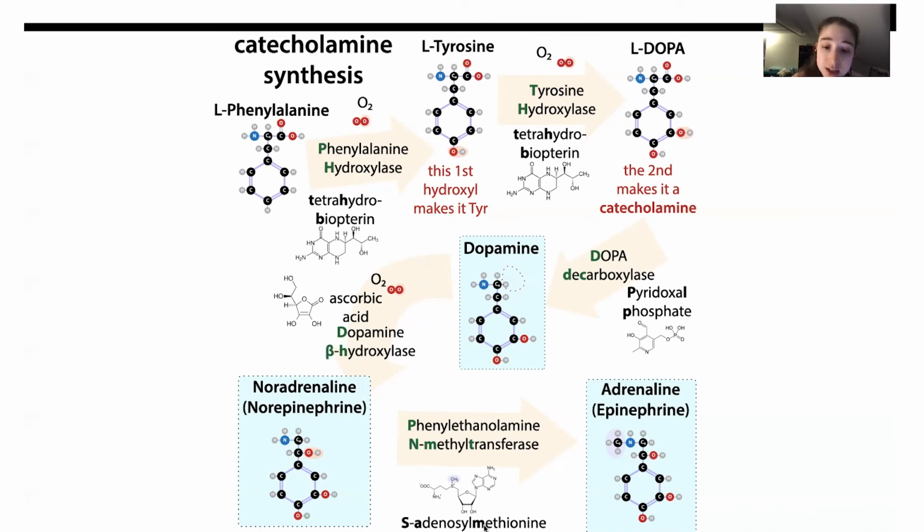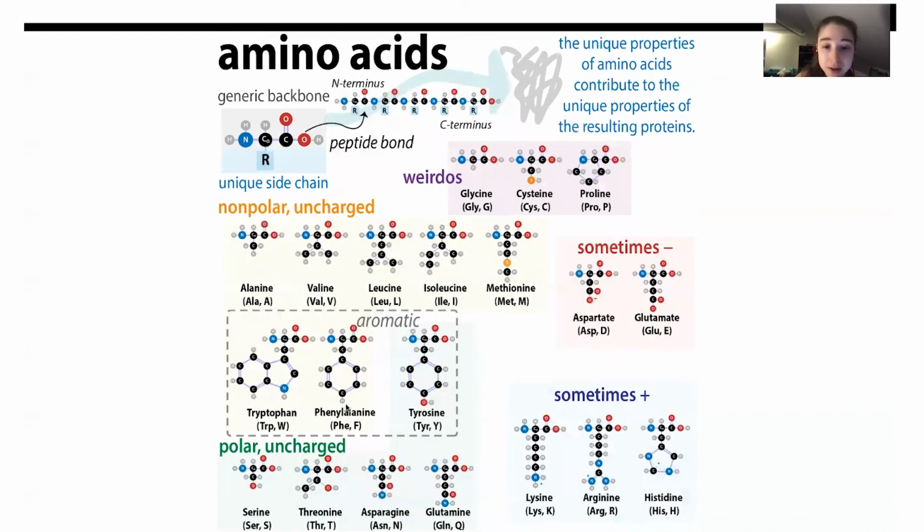And as the name suggests, this is coming from the amino acid methionine. So now we've talked about phenylalanine, tyrosine, lysine, and now we're on methionine. Methionine has the sulfur, and you can see that it has this methyl group at the end after that sulfur. And it's kind of like begging to be taken off, isn't it?